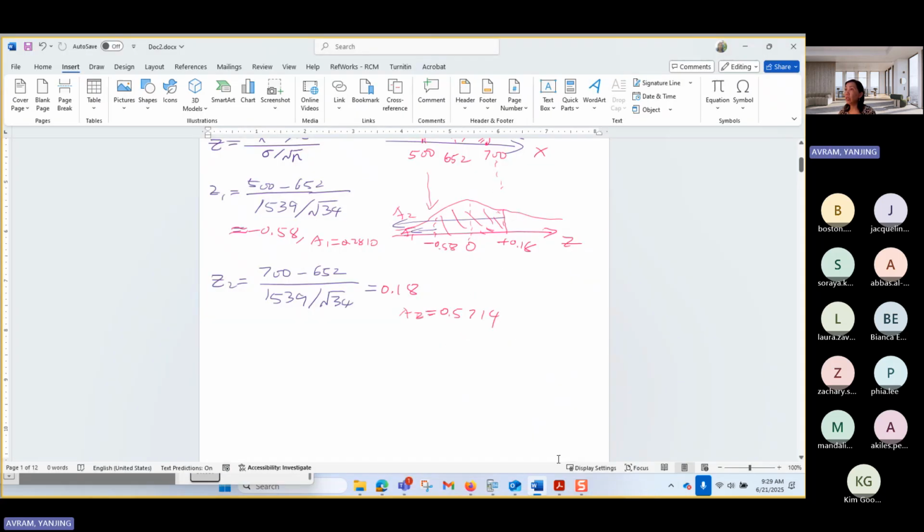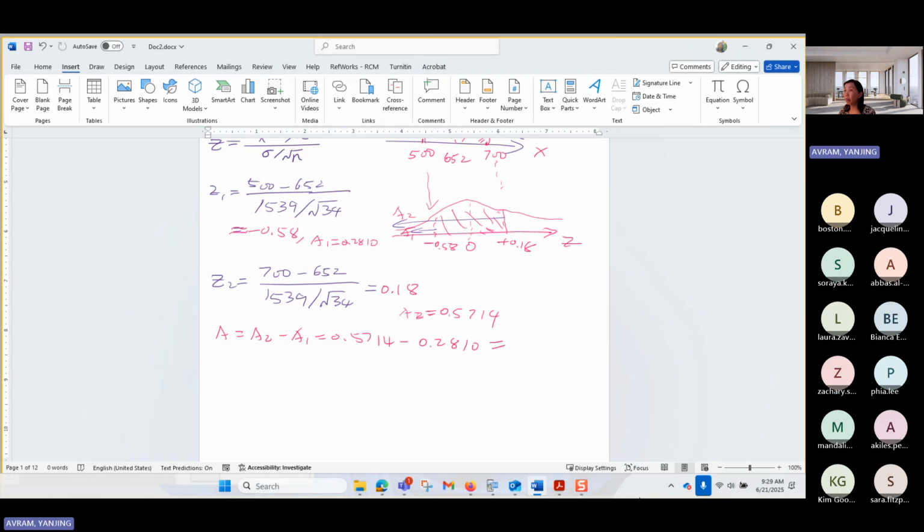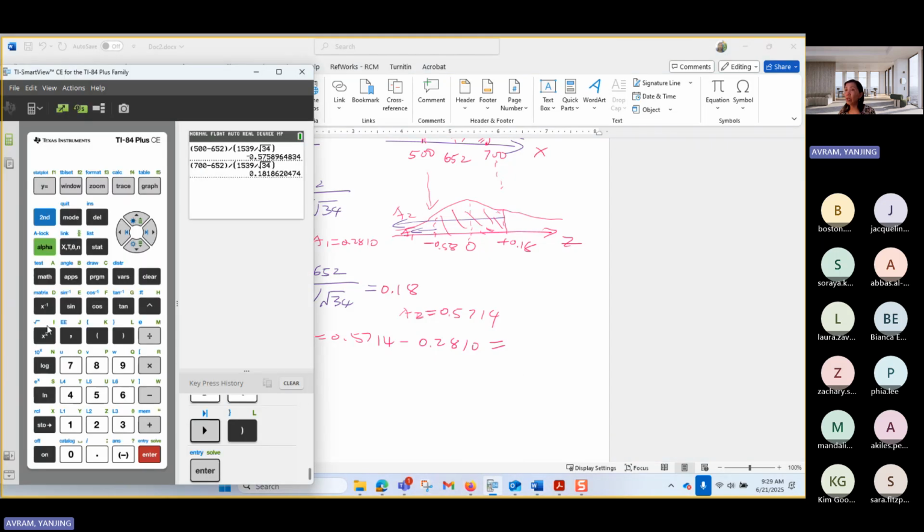So now we're going to find the area in the middle. So area in the middle, we're using A2 minus A1. So that's 0.5714 minus 0.2810. And then you just use the calculator to do the calculation. All right, so I have 0.2904.